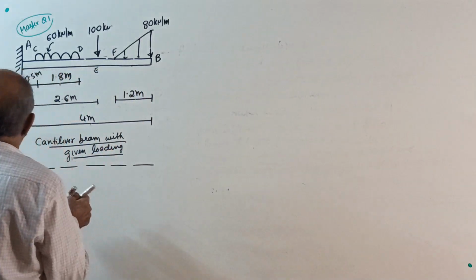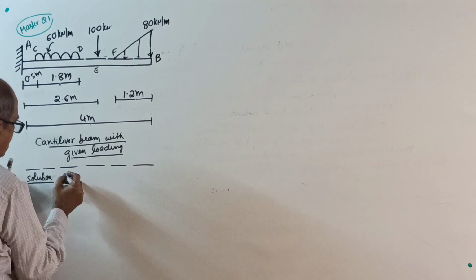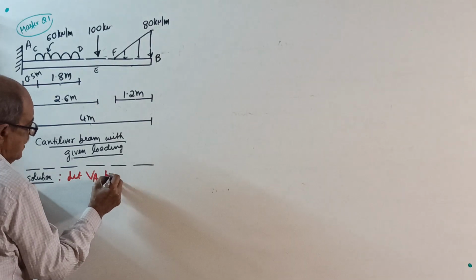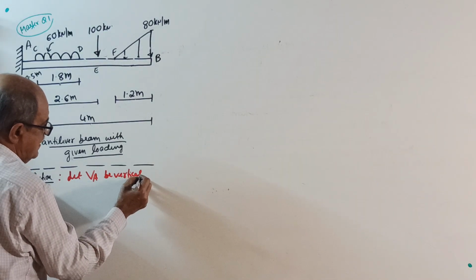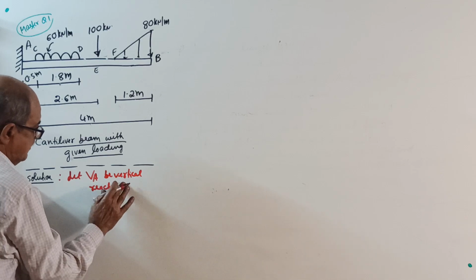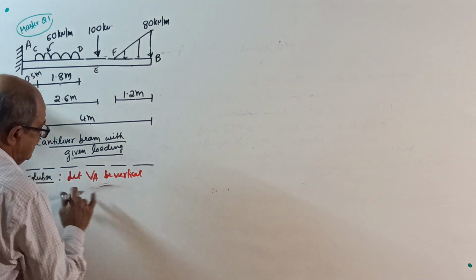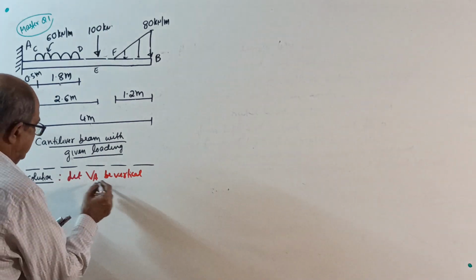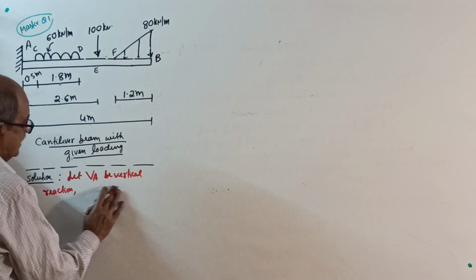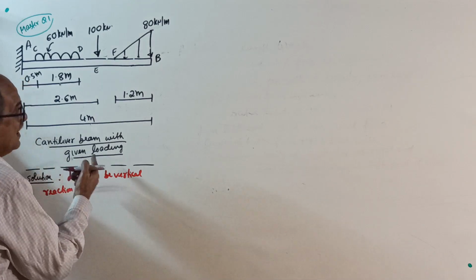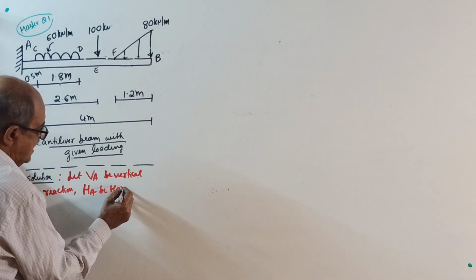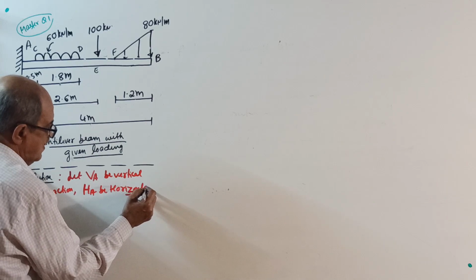So I write here, let VA be the vertical reaction, comma, HA the horizontal reaction. Actually horizontal reaction is not there, still I will write it, though we are not interested here.